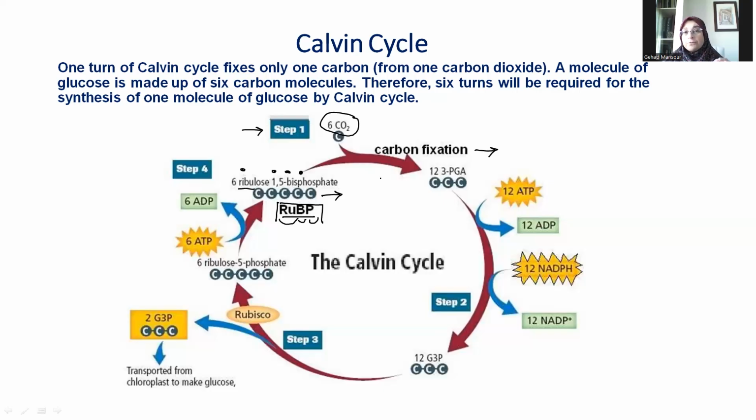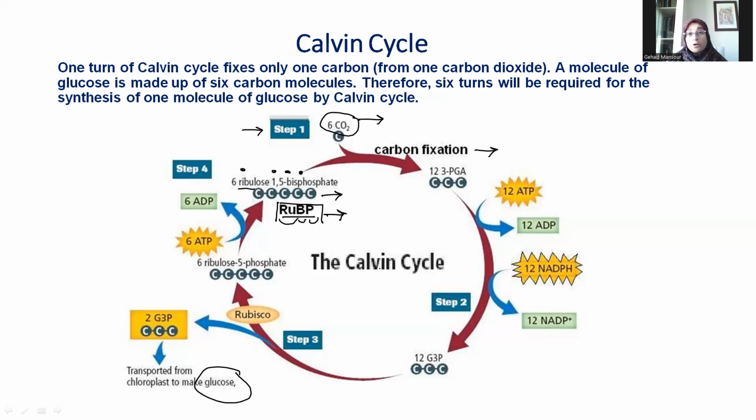You don't have to know the minute details of the Calvin cycle, and we are going to explain it starting with 6 molecules of carbon dioxide and 6 molecules of ribulose biphosphate in order to produce 1 molecule of glucose.